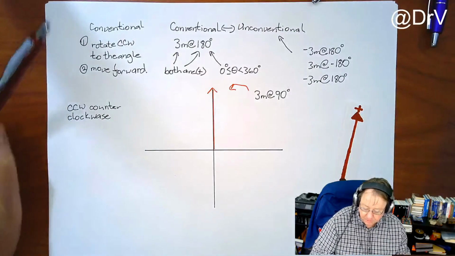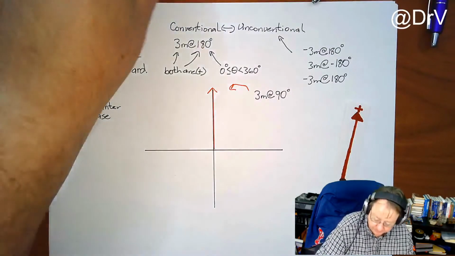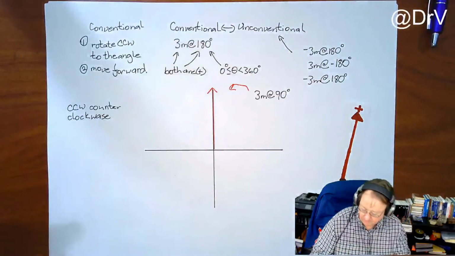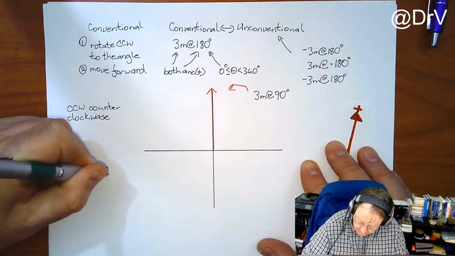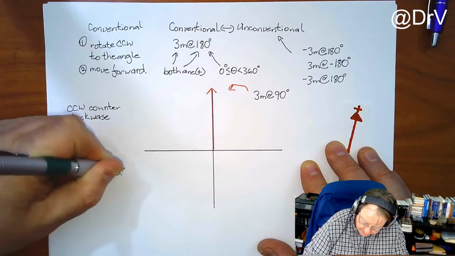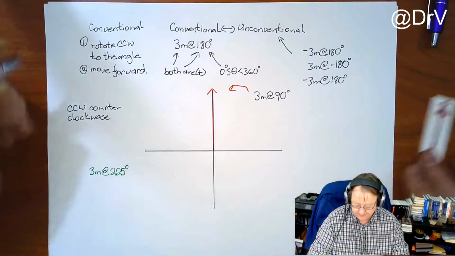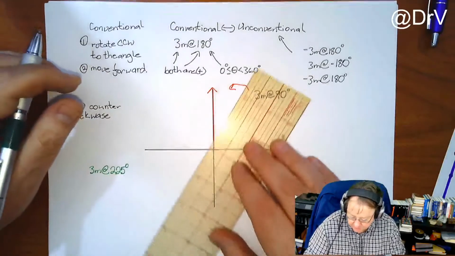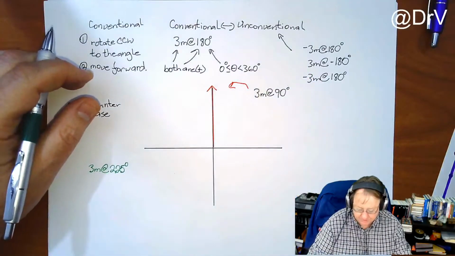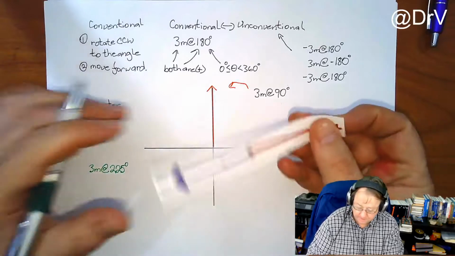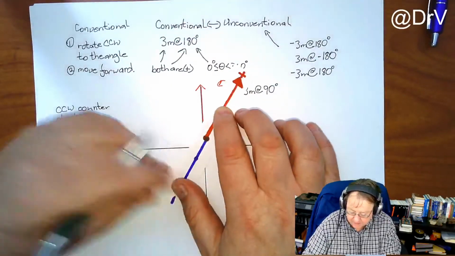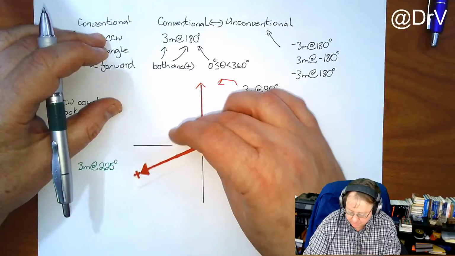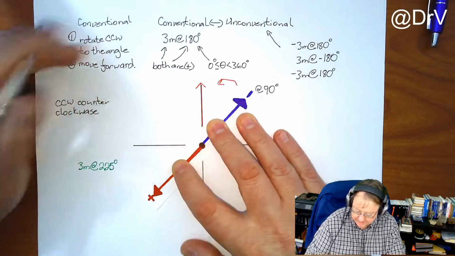Now let's do 3 meters at 225 degrees. And so the 225 degrees, once again, you start here, and then you rotate to like this.